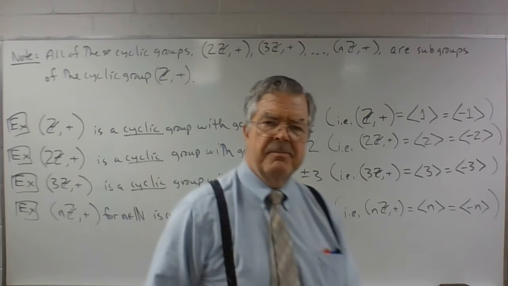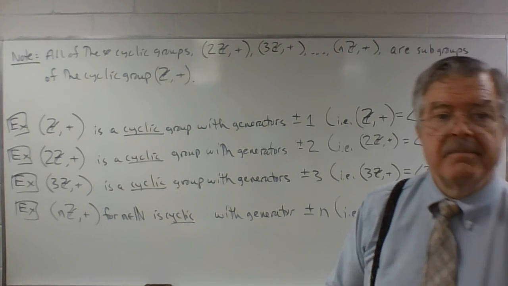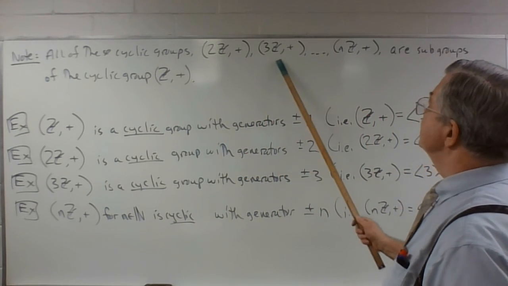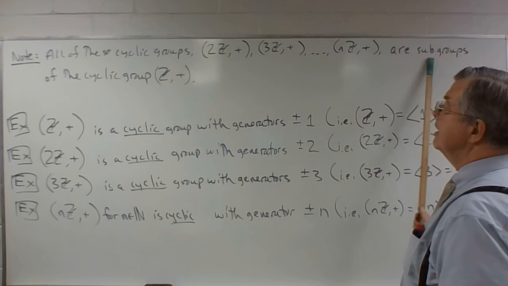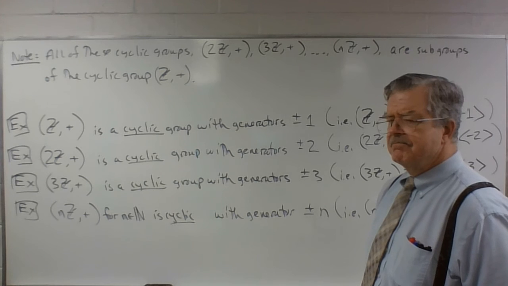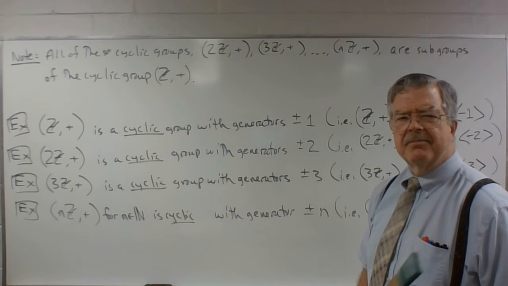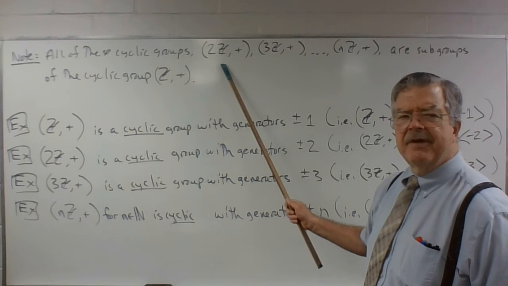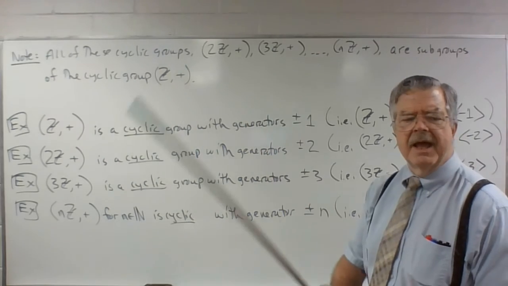This may mean something. It may not. All of these cyclic groups, 2Z, 3Z, NZ, are subgroups of the cyclic group Z. We'll remember this observation and see if it pops up again.